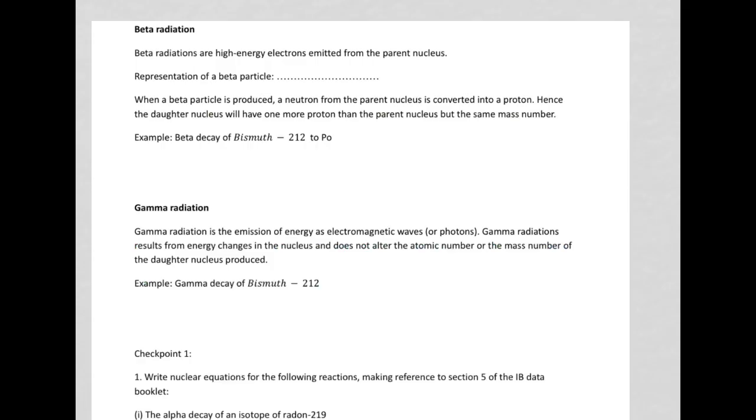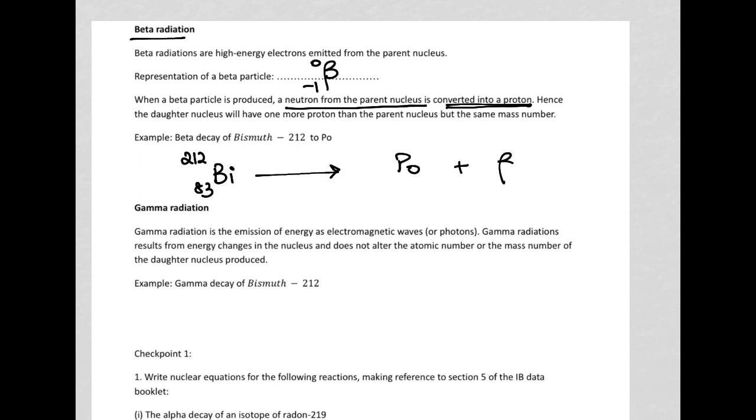Now if you look at beta radiations, we represent it like this, 0, -1. So this is basically an electron. And when a beta particle is produced, a neutron from the parent nucleus is converted into a proton. So if I take, for example, bismuth again, 212 83, producing polonium and a beta particle.